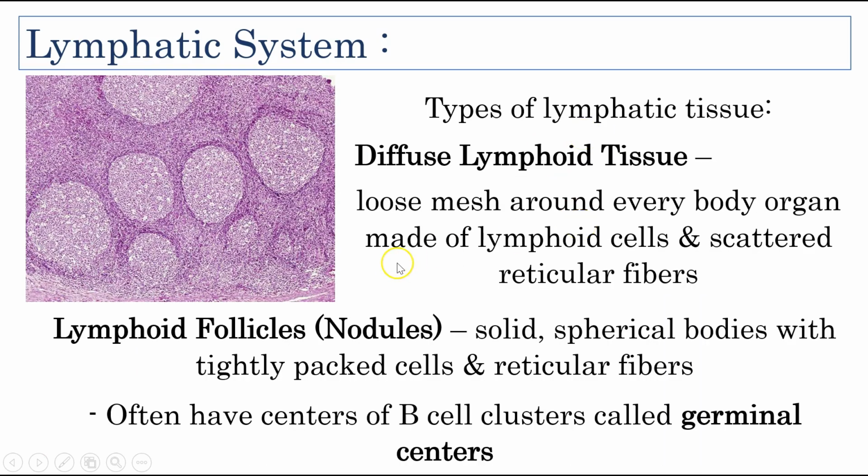The types of lymphatic tissue that we have: diffuse lymphoid tissue, lymphoid follicles, and then we will talk about lymph nodes. Diffuse lymphoid tissue is that loose mesh that will be found particularly around every body organ. We have fascia, we have connective tissue, sort of sleeves around every single soft tissue organ within the body.